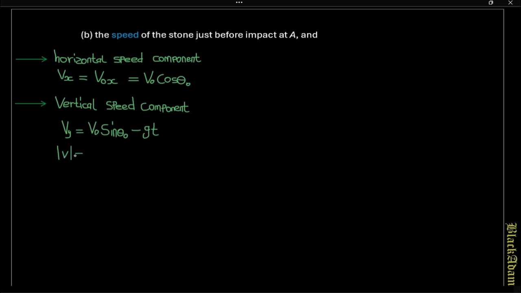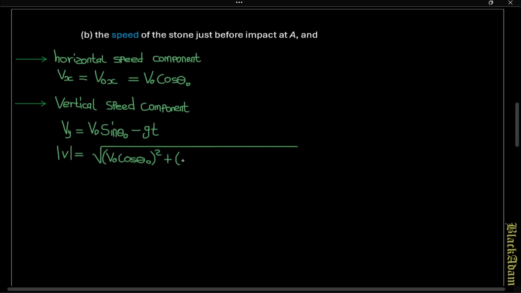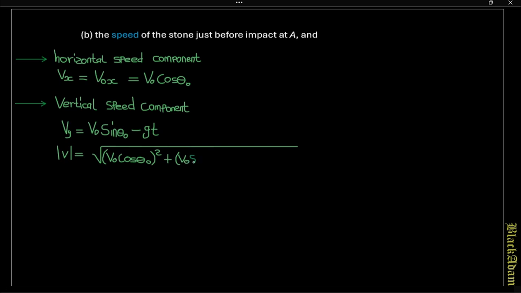So the speed will be the square root of the horizontal speed squared plus the vertical speed squared. That's the initial velocity multiplied by cos theta, squared, plus the initial velocity multiplied by sine theta minus g t, also squared.